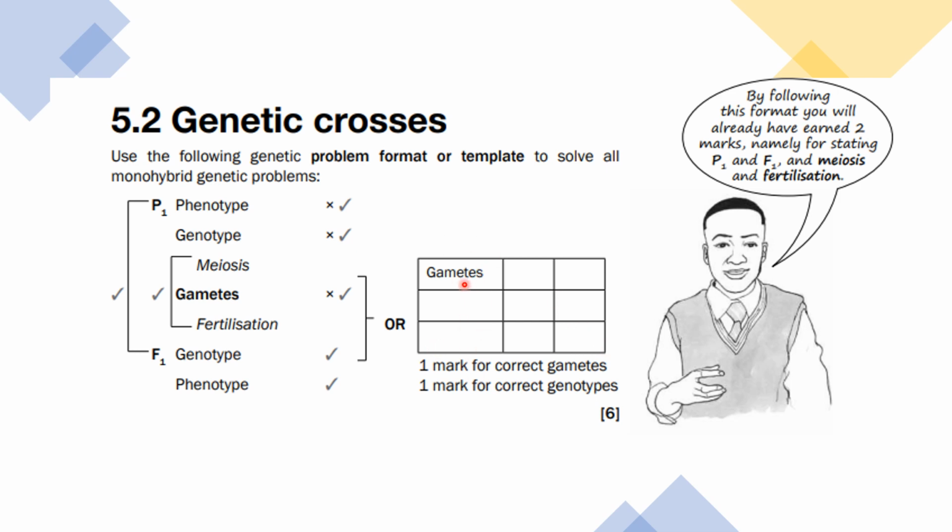So you draw the Punnett square that has 3 rows and 3 columns, and then you write gametes here. Then on this side, you will show the gametes of the parent on the left hand side, and then on this side you will show the gametes of the parent on the right hand side, and then you start crossing them.